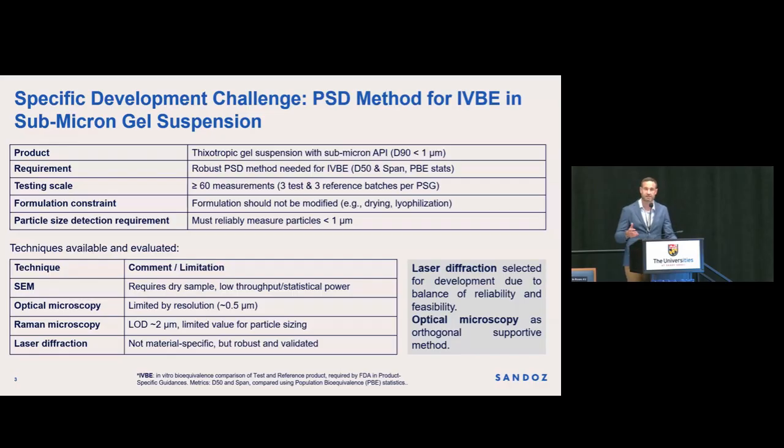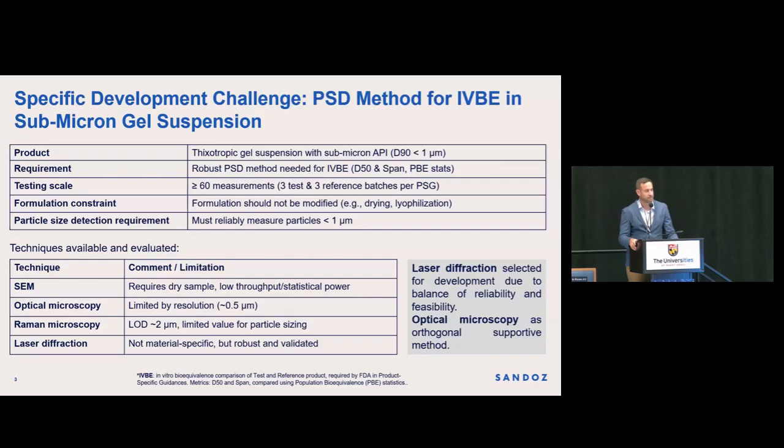We've heard yesterday and today the DLS method is preferable below 100 nanometers, and the LD method above 1 micron, meaning that with this product we are hitting exactly the gray zone where neither of the available methods is perfect.